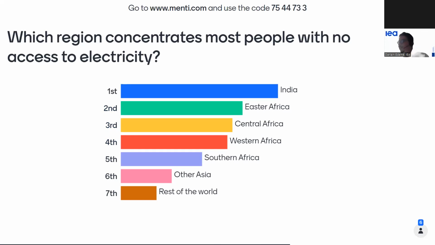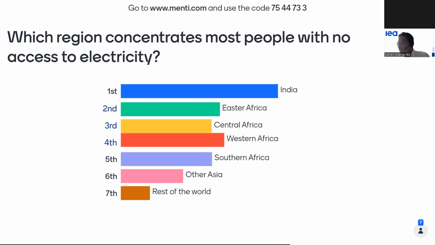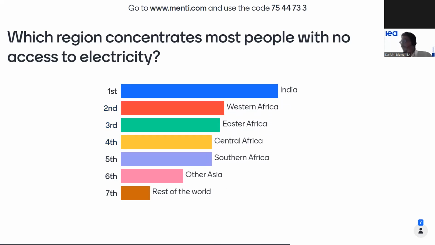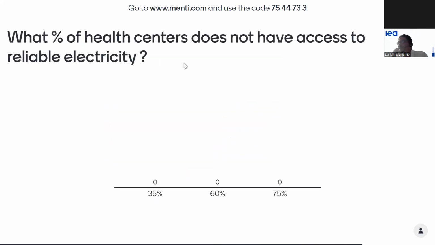which is the area in the world in which right now we have the vast majority of people not having access to electricity. So let's continue with the next question, which is: what percentage of health centers do not have access to reliable electricity, in your opinion?